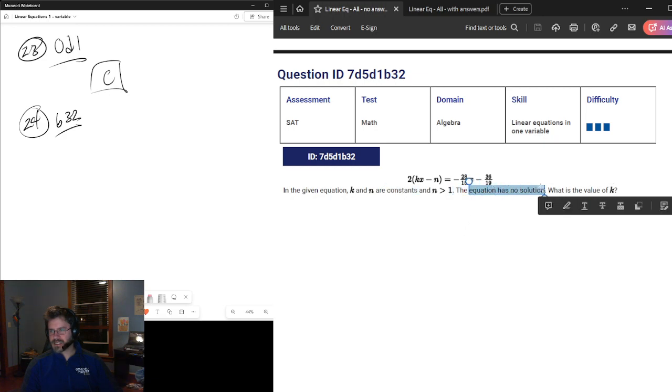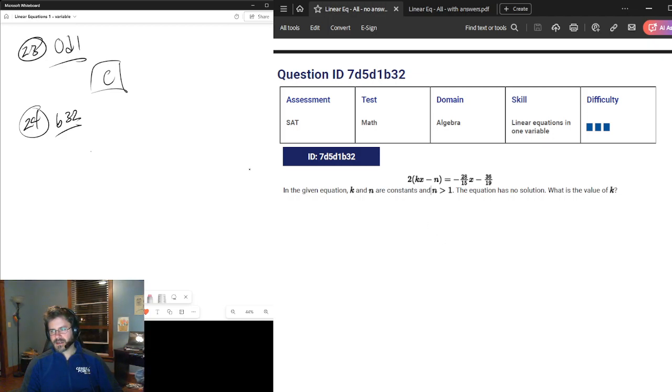So they say it has no solution. Stuff like k and n are constants, n is greater than 1, doesn't really help us. The real key is that it has no solution, meaning that the slopes are the same. So distributing the 2, you get 2kx minus 2n, so 2k is the slope. We don't really care about n, ignore that.